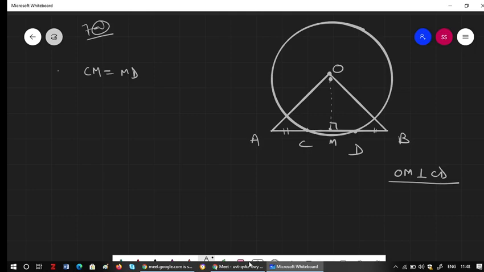And you can add AC on this side and DB on this side, then the result is AM equal to MB.